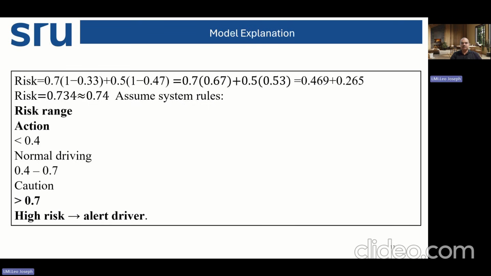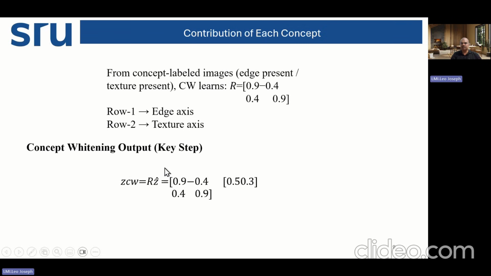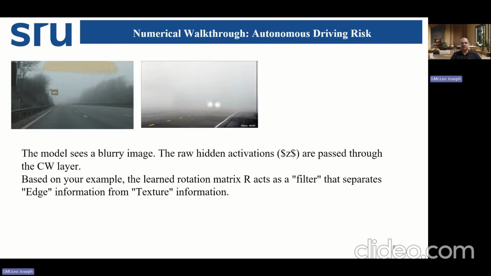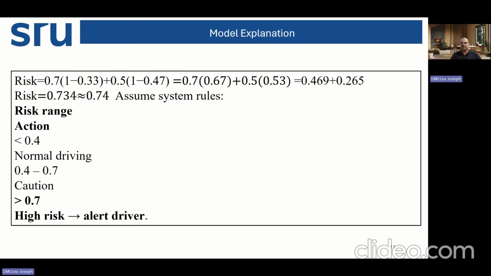This 0.7, 0.5, you can replace with 2.5 and 1.8 also. No issues. This is a random number only. Depending on the dimension, it will vary. There are no such rules here. This is just randomly assumed.